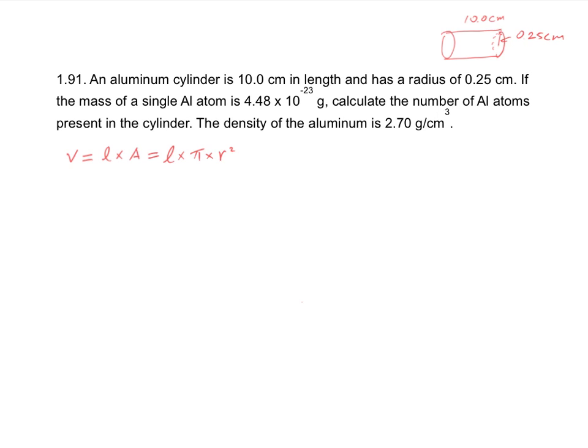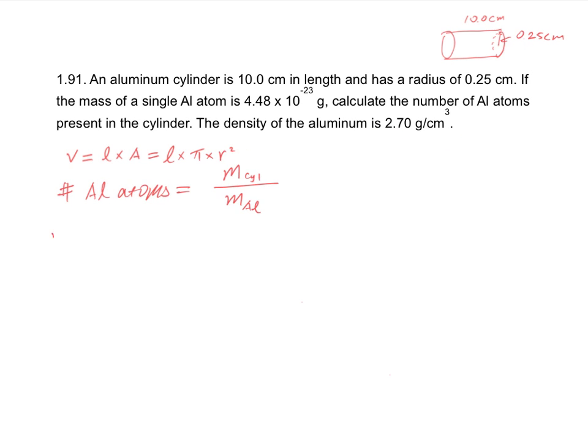Then the number of aluminum atoms equals the mass of the cylinder divided by the mass of a single aluminum atom. So how do we calculate the mass of the cylinder? We know the volume, and to calculate the mass, we need the density of aluminum.